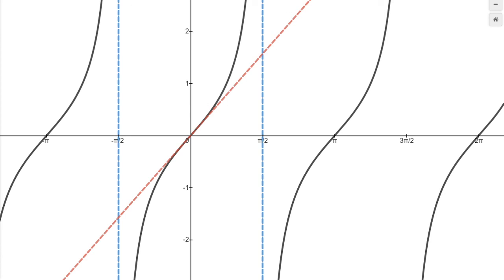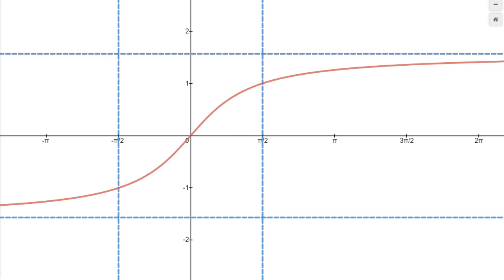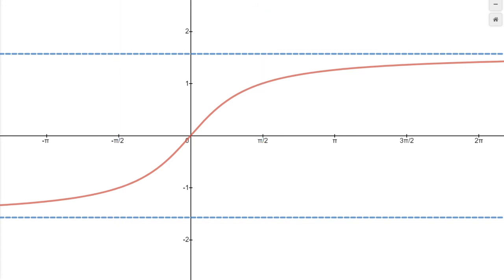So the same thing is going to happen with arctan or inverse tan. It's going to curve away from the axis. And likewise here it curves away on the negative side. So we end up with this shape. And we have to draw on the asymptotes. So this is the graph of inverse tan x.